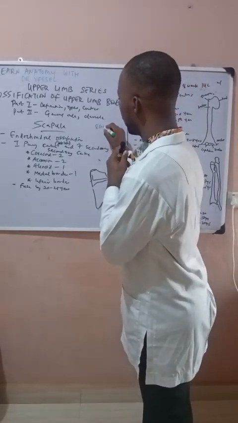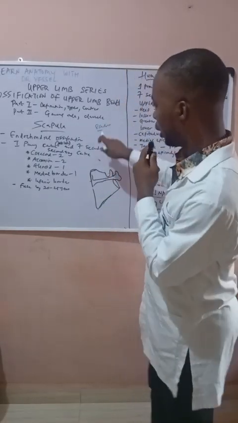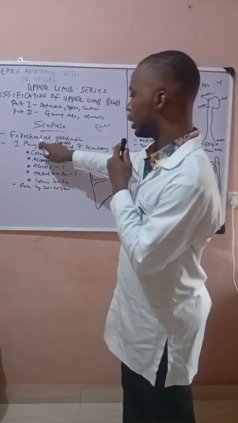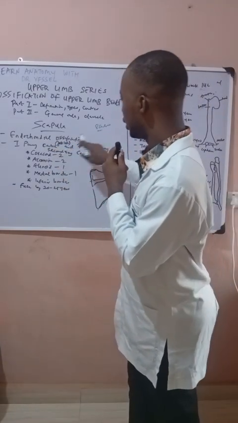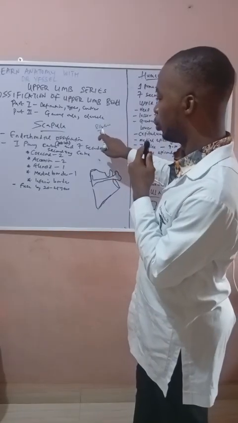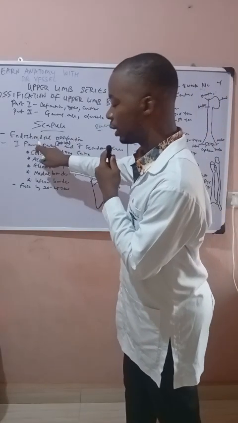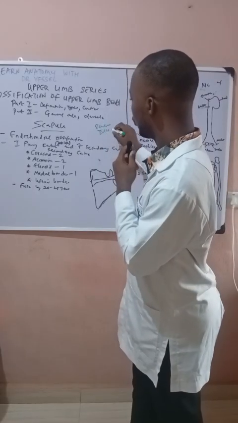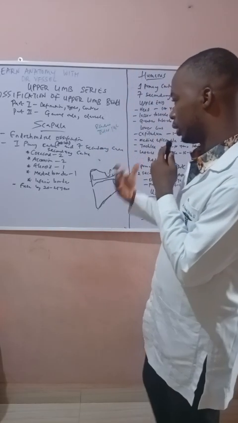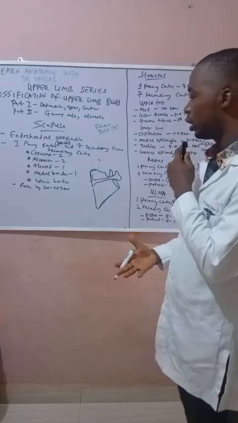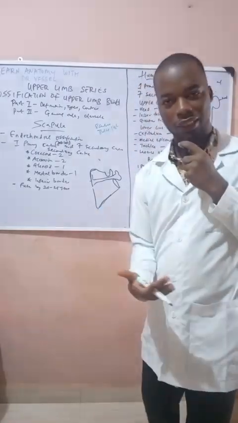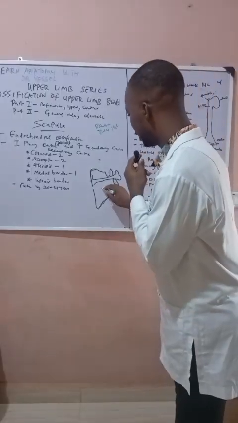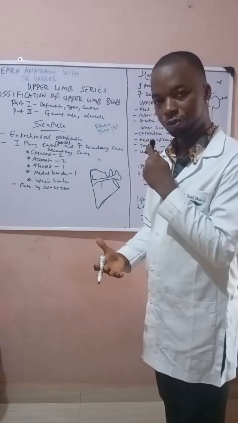These 8 centers can help you remember that the primary center appears at the 8th week of intrauterine life. So you must take note of this. The primary center is just one, so it will be found at the diaphysis of the bone.